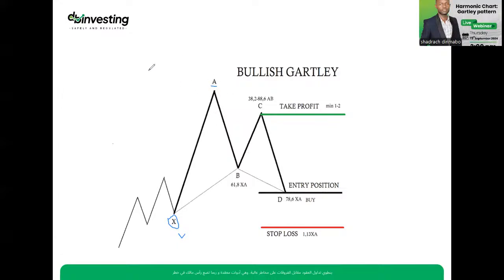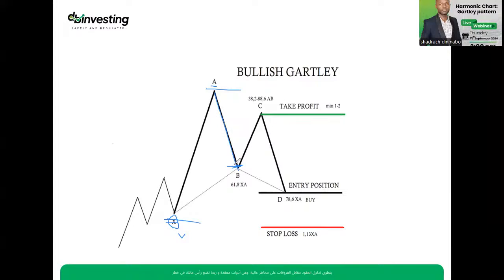Is that okay? So if we take our point X and A, and then from point A, using what's known as the Fibonacci retracement tool, we place our Fibonacci retracement tool from X, drag down to point A, and then if this market retraces up to 61.8% of the Fibonacci retracement tool, then that point becomes our point B. So we are looking at a case scenario where you place your Fibonacci tool at point X, you drag to point A, which are your reference frame, and then from that point, the market retraces down to 61.8% of XA.